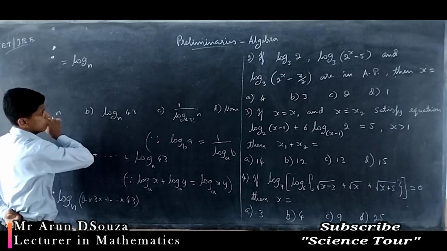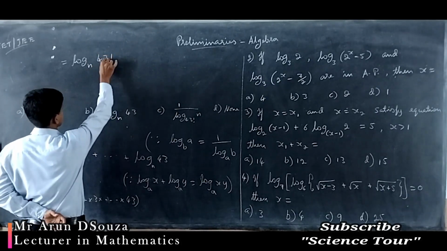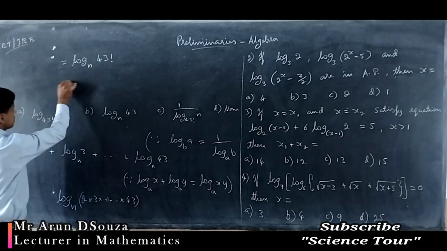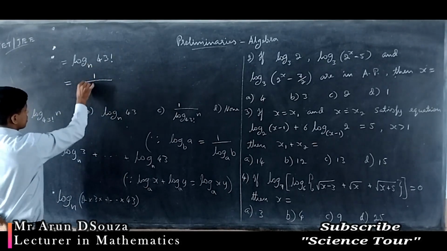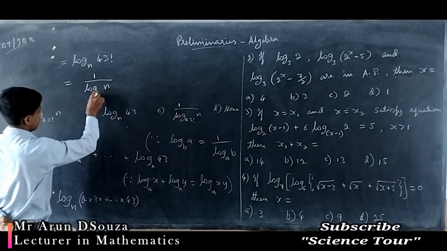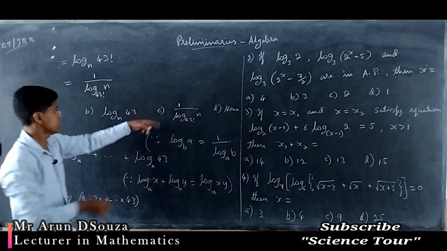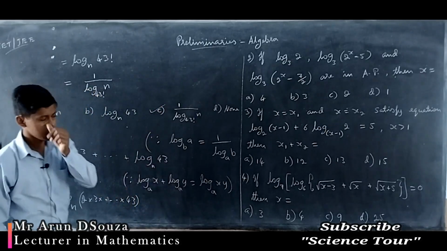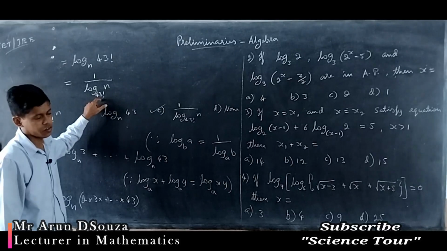This is log 43 factorial. Now this is equal to, once again I'll take the reciprocal. When I bring it to the denominator, this will be log n and the base will be 43 factorial. So that is option C. Option C is the answer, 1 by log n to the base 43 factorial.